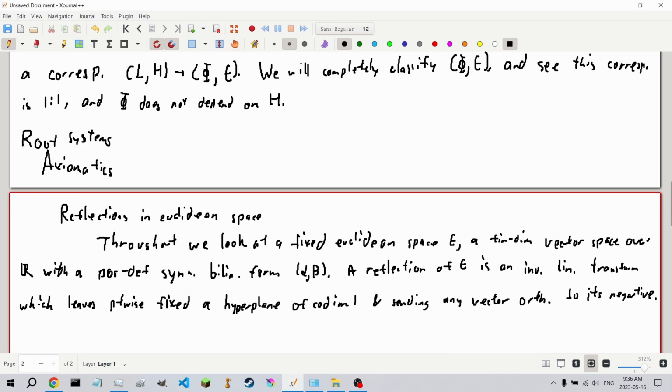So such reflections are orthogonal, preserving the inner product.